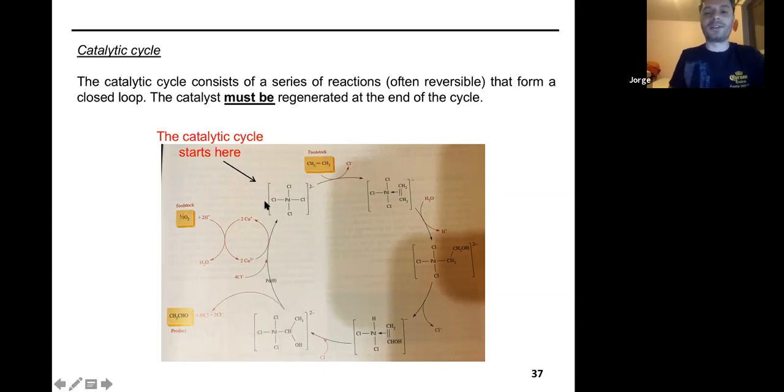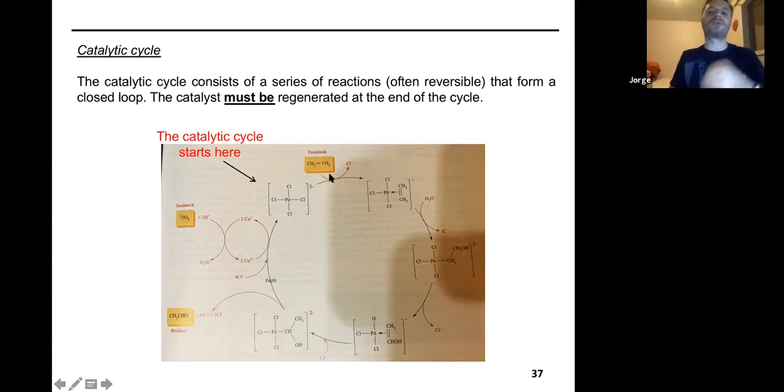The catalyst for this reaction is tetrachloropalladate(II), or PdCl4 2-. The reaction proceeds through a lot of steps all the way to the end, and then at the end the catalyst is regenerated and can go again in another cycle.